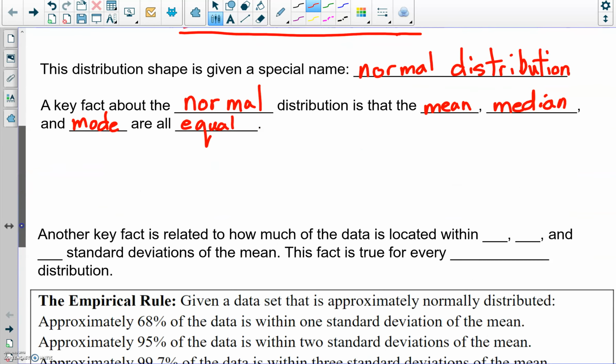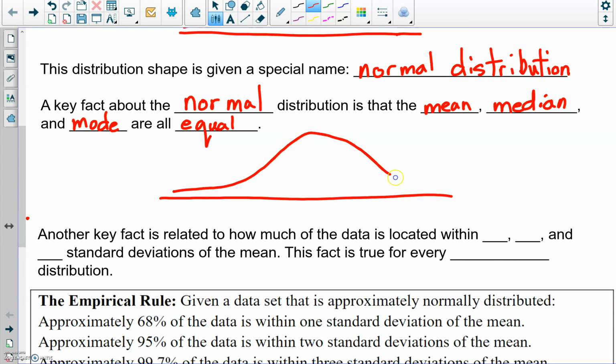So, you've got your normal distribution, and right at the peak, the mean equals the median equals the mode. And that'll always be true in a normal distribution.